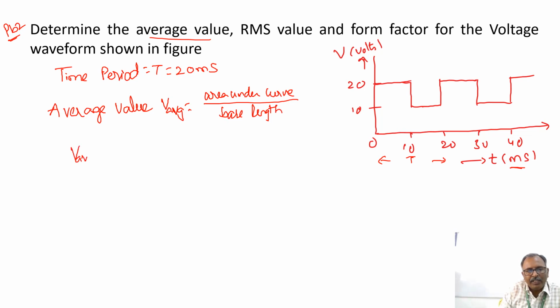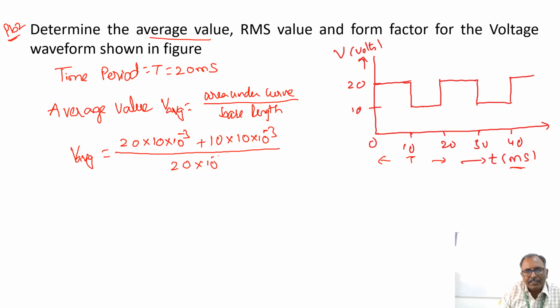Therefore, V average equals, from 0 to 10 milliseconds, a magnitude of 20 and a time duration of 10 milliseconds, milli being 10 power minus 3, plus, for the duration 10 to 20, a magnitude of 10 volts for a duration of 10 milliseconds, and the total base length is 20 milliseconds.